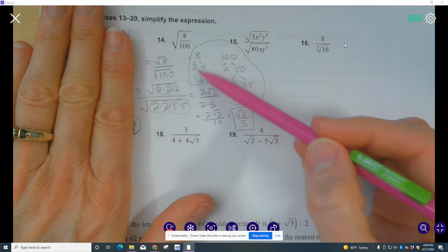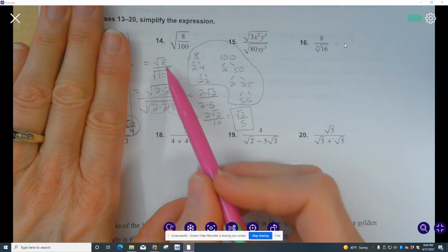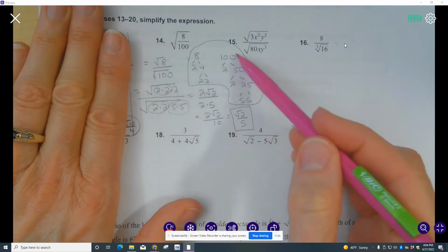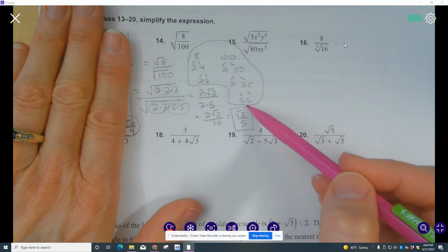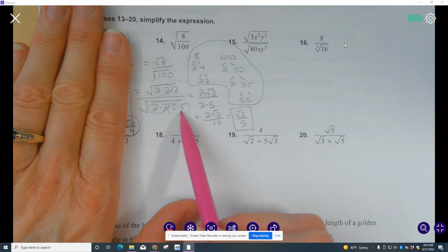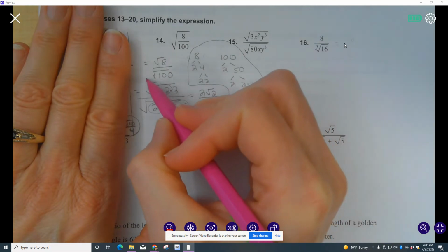And I got down to 2, 2, and 2. So here is square root of 8 rewritten as 2 times 2 times 2. Here is my tree for 100. So square root of 100 is 2 times 2 times 5 times 5. And then I did a jailbreak here. 1, 2, got out.